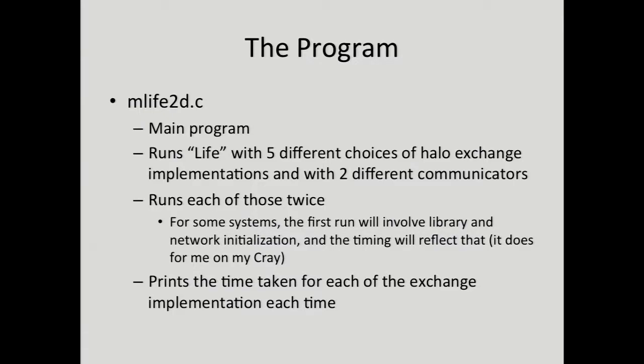This main program runs life with 5 different choices of this halo exchange. So the code is structured to make it very easy to do different sorts of exchanges. It runs each of these twice. Why twice? Well, timing codes is much trickier than you think. We still get bug reports when people have run benchmarks that are not sophisticated enough.